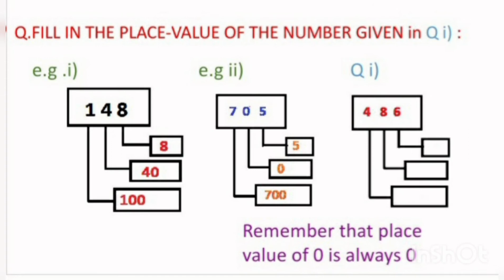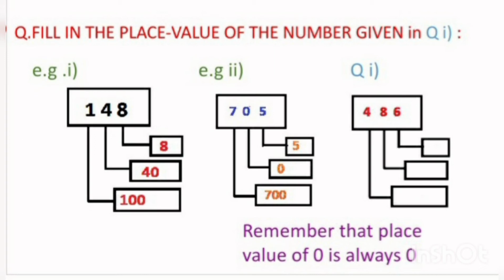Now children, see the question given here. Fill in the place value of the number given in question 1. See the font color of question 1. It's blue, so that is the third question. 2 questions are shown as examples. Here in the first example, the number is 148 and the squares given below are the place values for the number.